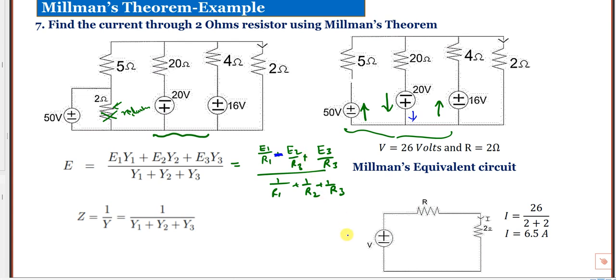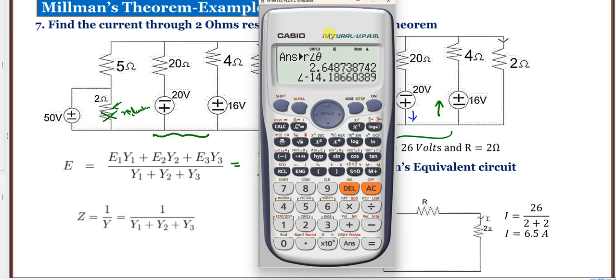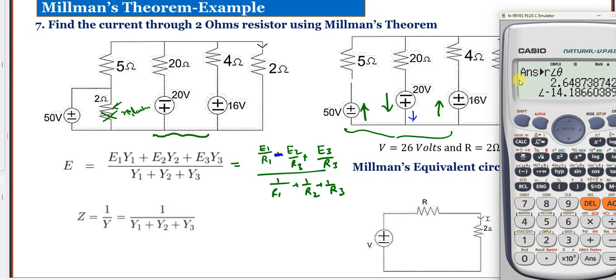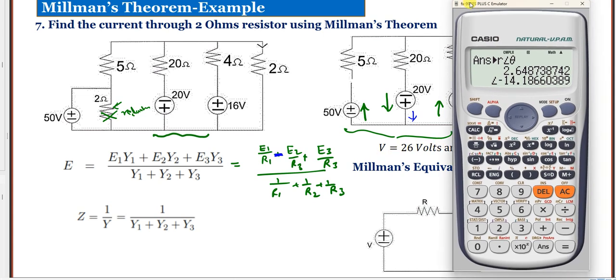Now using the calculator, let me calculate the value of E. We should get 26 volts. Let me check. First, E1 by R1: 50 by R1, where R1 is 5 ohms, so 5 inverse.